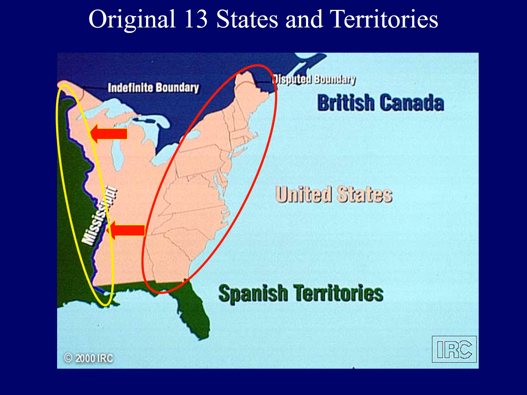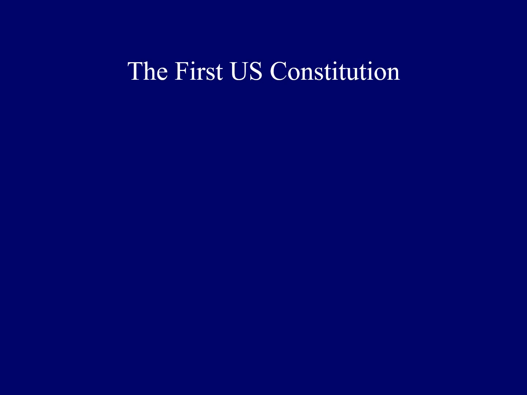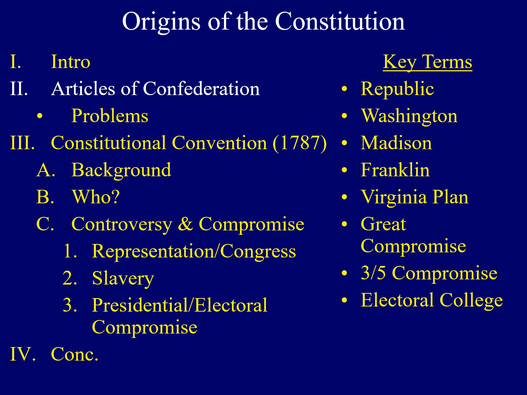U.S. territory actually expanded all the way to the Mississippi River, as you see with the arrows and the second circle. In order to provide enough unity for those 13 colonies that were fighting to become states, they got together and they developed the first Constitution of the United States. The name of that Constitution was the Articles of Confederation. We'll explore some of the problems associated with the Articles next.